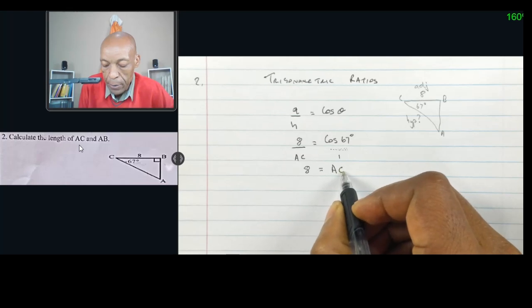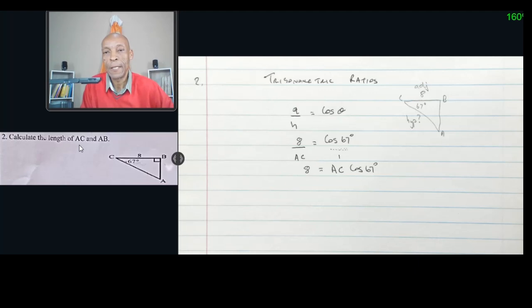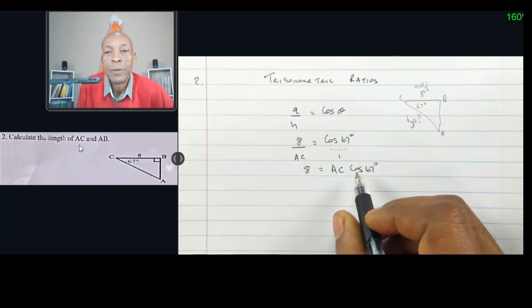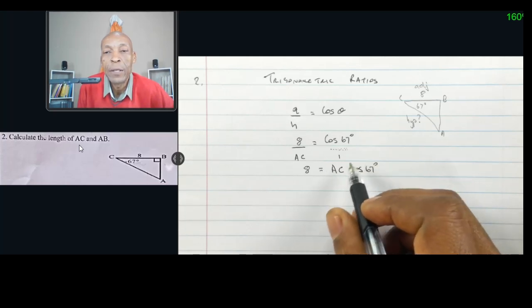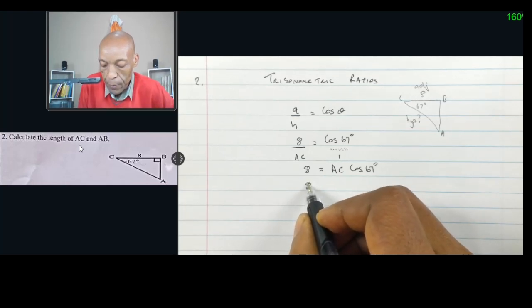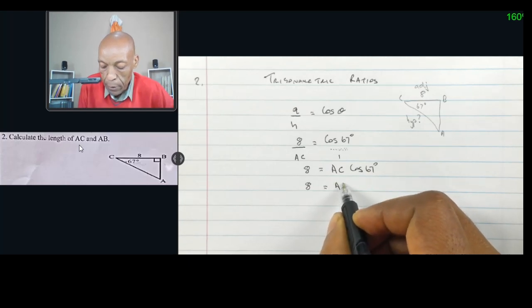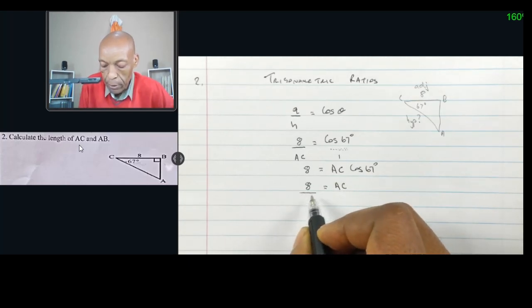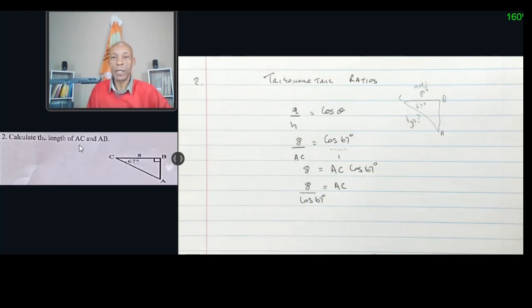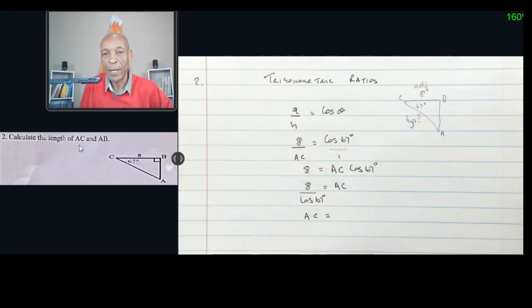We'll get AC cos 67 degrees. Okay. Then I want AC on its own. I divide both sides by cos 67 so that I am left with AC on its own. Then I'll be able to calculate my AC. Then I can put my AC on the left for my answer.